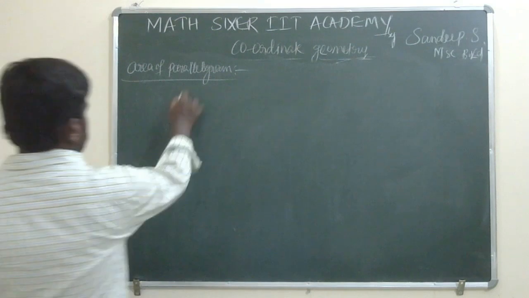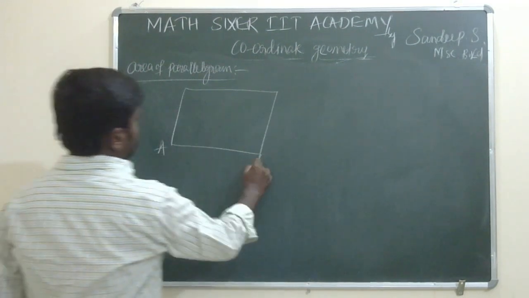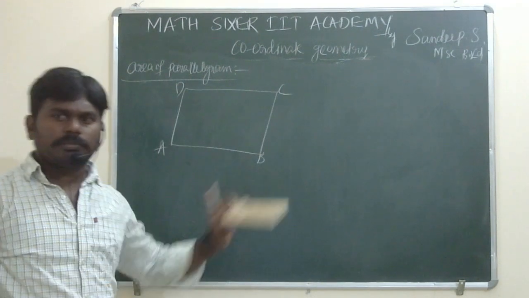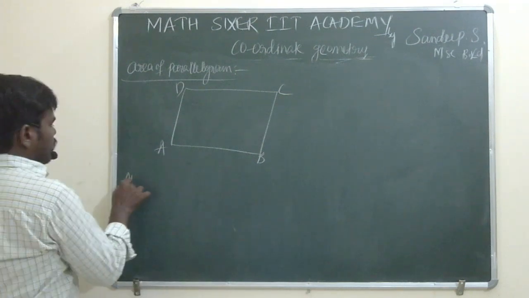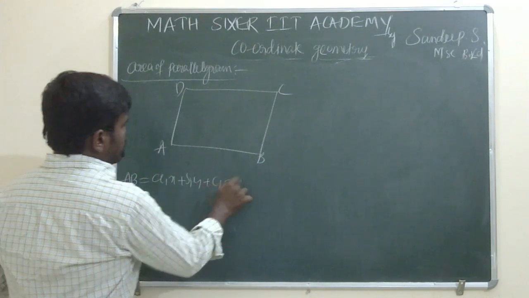First let me draw the diagram to make it clear to you. I am taking ABCD as a parallelogram. Parallelogram means opposite sides are parallel, that we know. Let me take the equations here. AB is a1x plus b1y plus c1 is equal to 0.